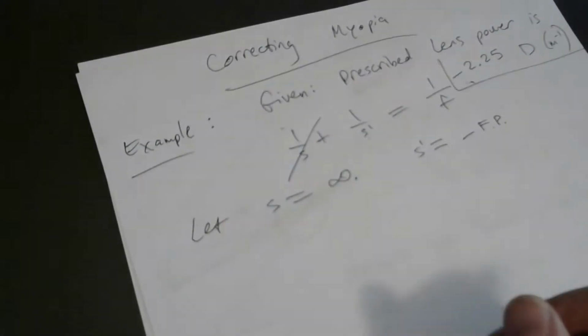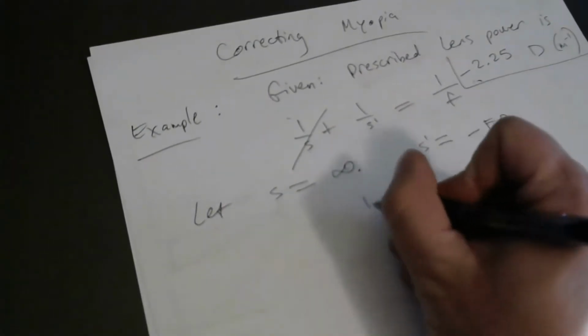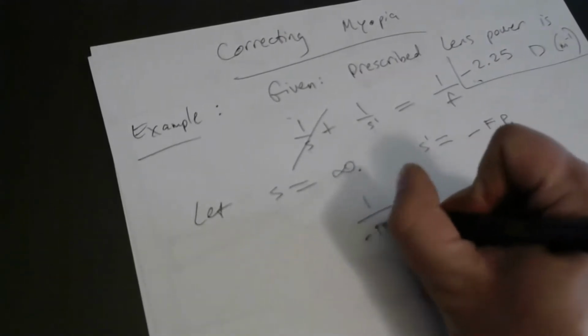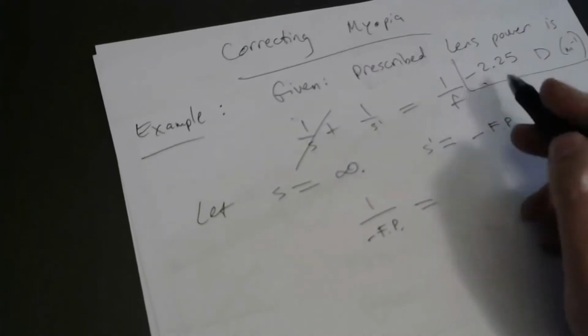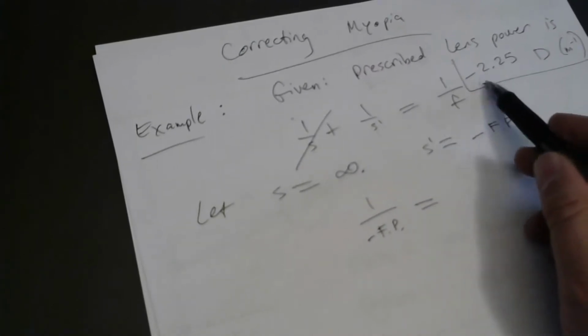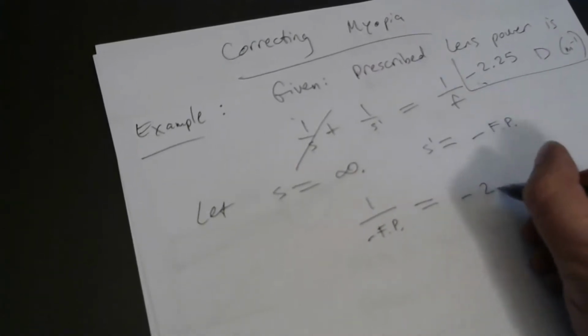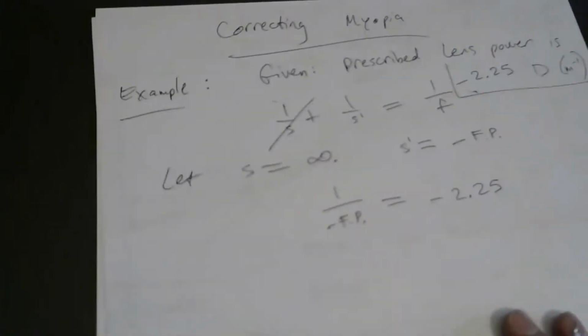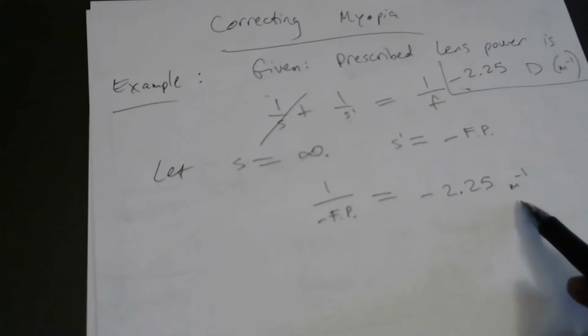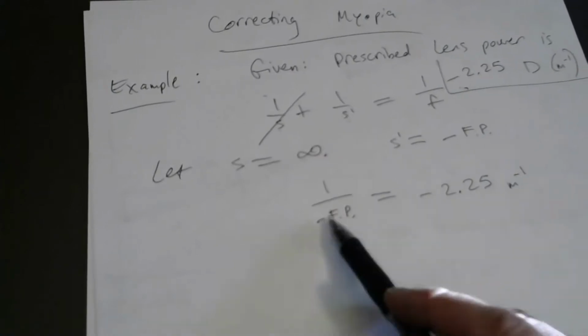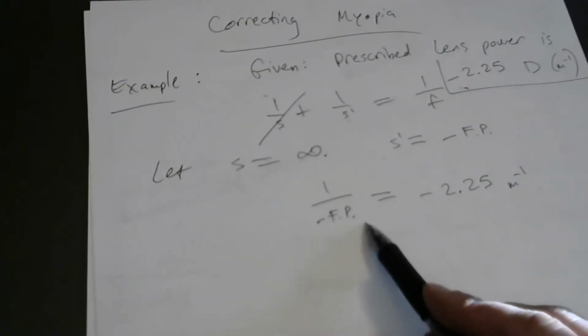Okay, so we can cross that out since S is infinity, and that leaves us with 1 over negative far point equals, and here's where I will insert negative 2.25 inverse meters. So the diopters, which are the same as inverse meters, this is to remind me that this quantity over here is in inverse meters.